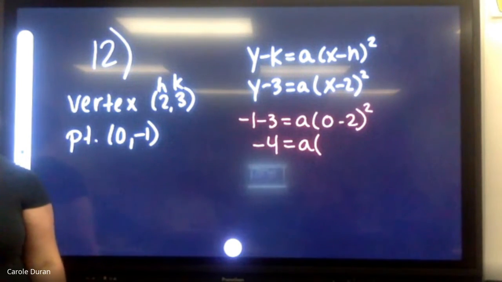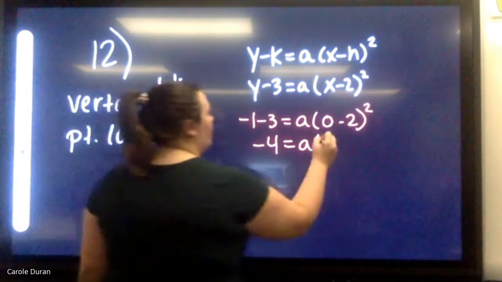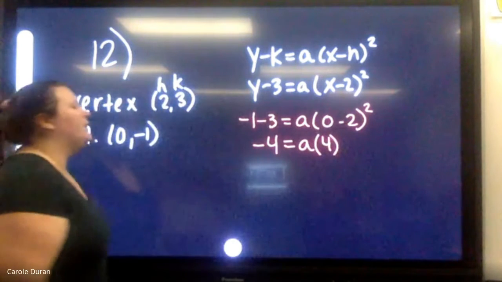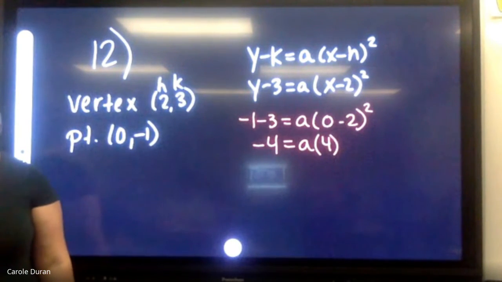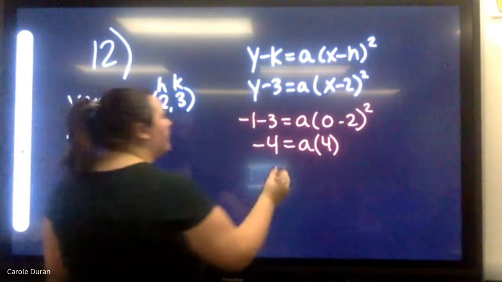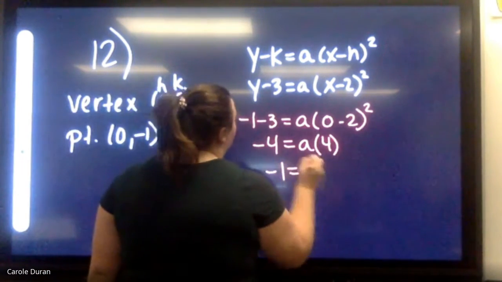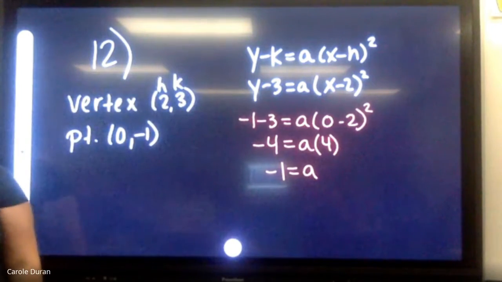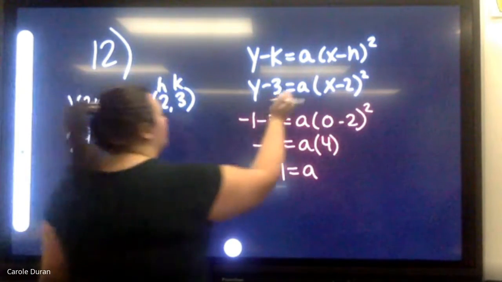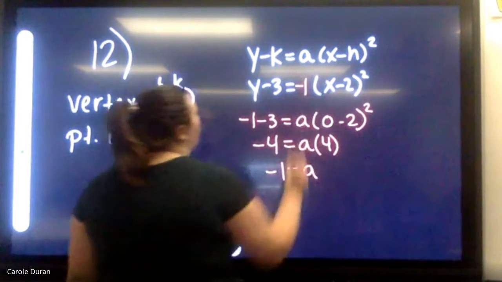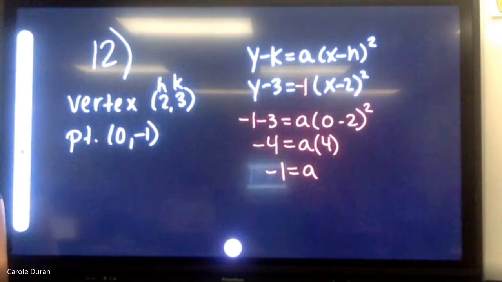What's -2 squared? 4. So I have -4 equals a times 4. So to get a by itself, I need to do what? Divide by 4, and I get -1 equals a. So to complete this problem, I go back up to the vertex form I already identified, and I replace the a with a -1.